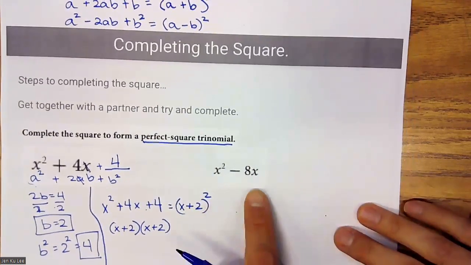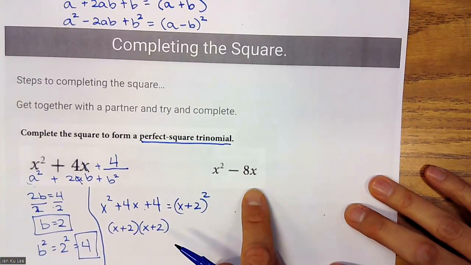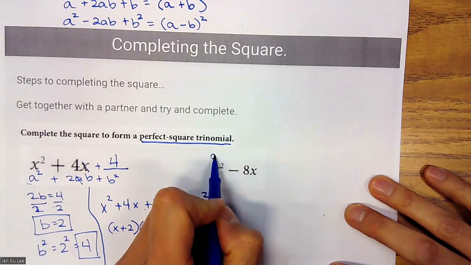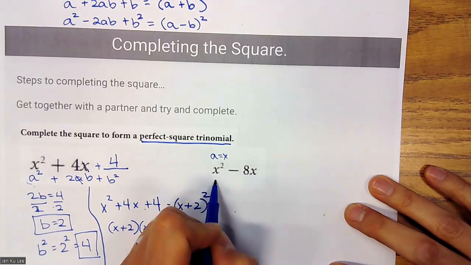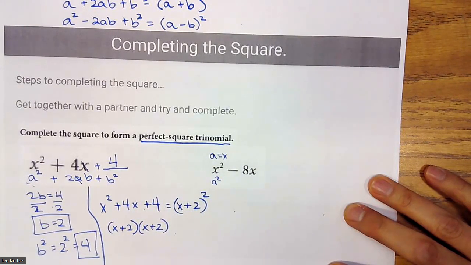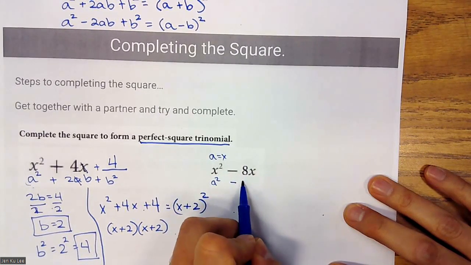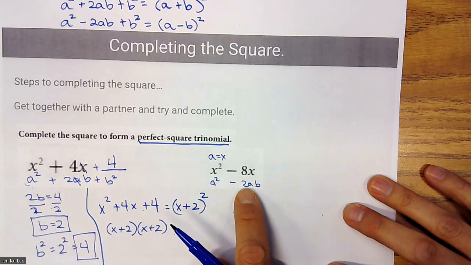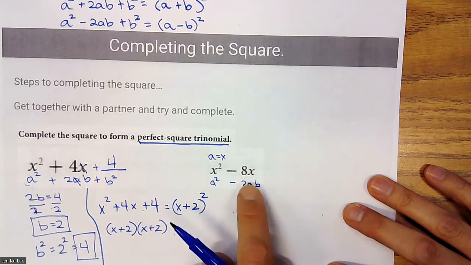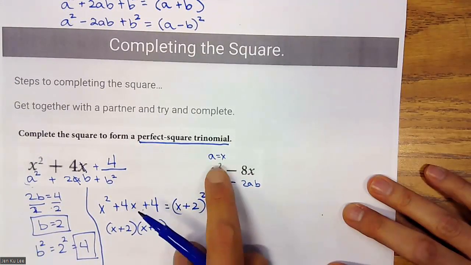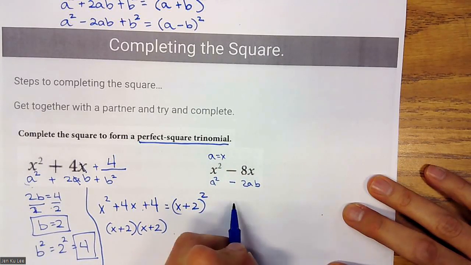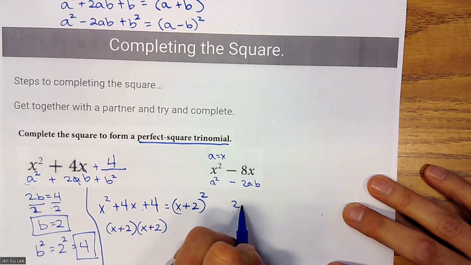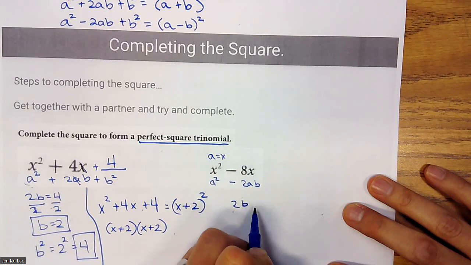So if you think about this one, again my a equals x because a squared equals x squared, minus 2ab, right? So if 2ab equals 8x and a equals x, then again 2b equals 8.